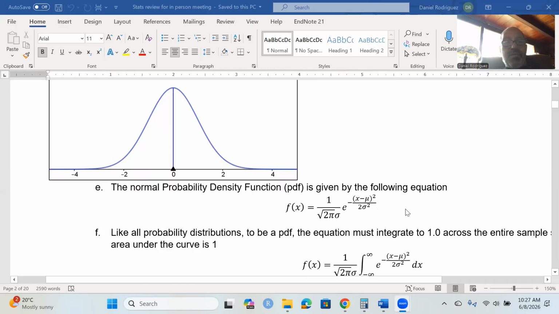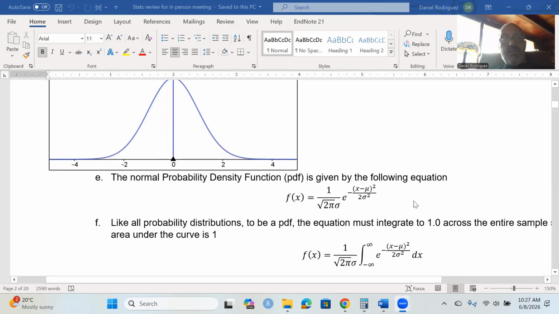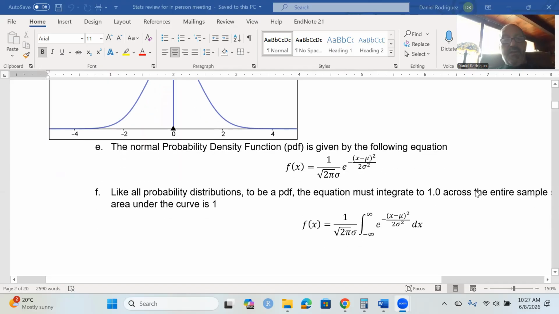This is a continuous variable, and all continuous variables have what are called probability density functions, versus, say, a discrete variable, which has a probability mass function. So the probability density function for the normal distribution is this beautiful function here.